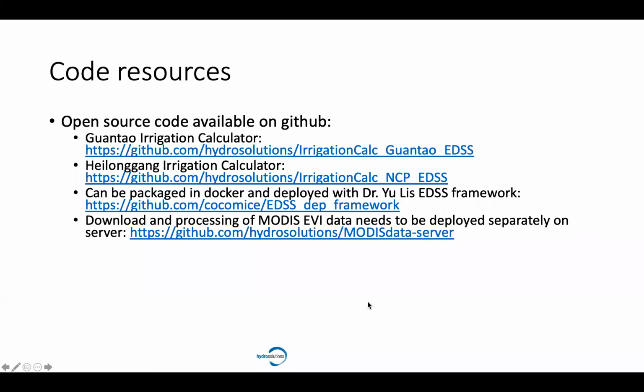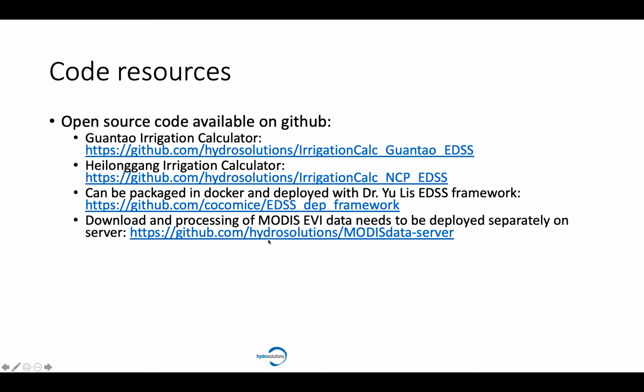Now, our codes for the irrigation calculator versions are online and freely available. We have versions online which you can implement or deploy relatively easily through Dr. Yuli's EDSS framework that he will present, I think, just after this lecture. This is also available on GitHub.